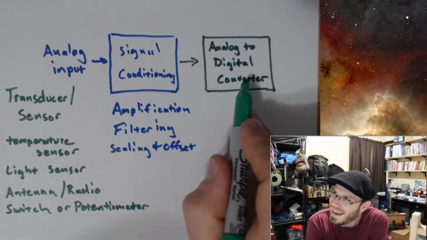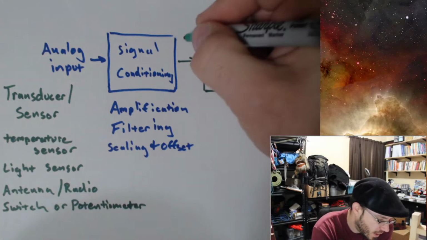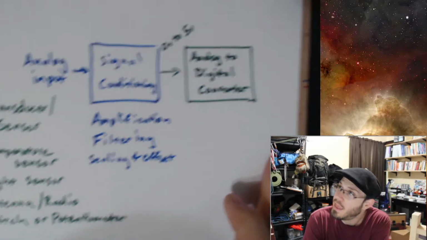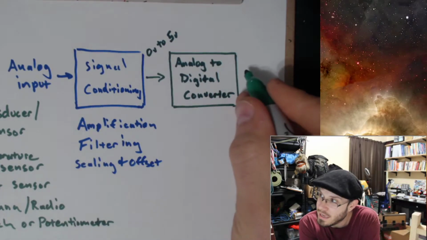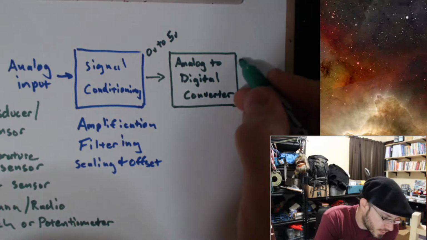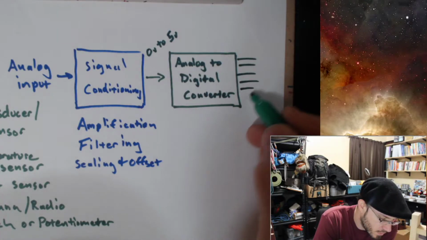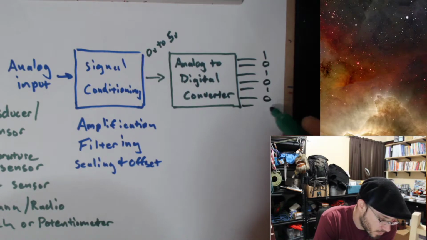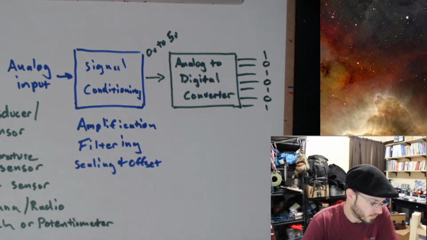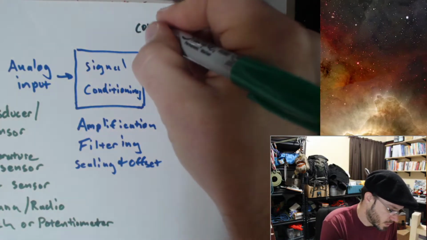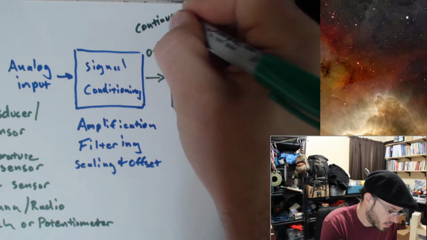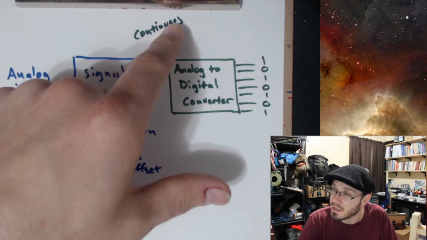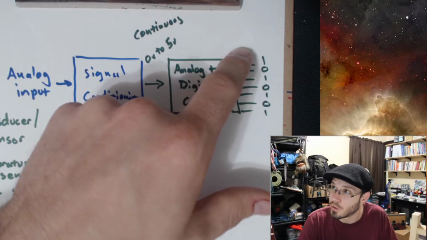Now, once we go ahead and take our analog voltage, which is coming in as 0 volts, say, to 5 volts, then we get to turn this into a bunch of ones and zeros. Again, we're back at converting from the continuous analog domain into the discrete digital domain.